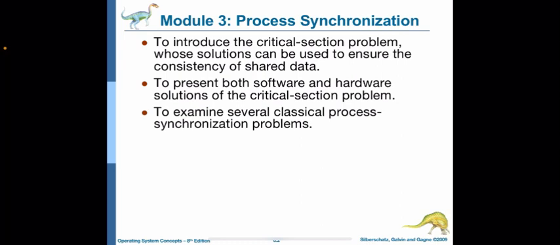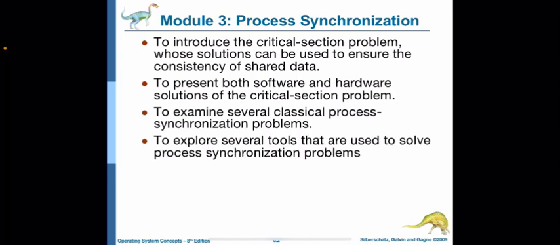So any issues faced by these types of system environments can be easily depicted using this producer consumer problem. And we can test solutions on it. If a solution solves the issues in a producer consumer problem, we can easily apply it to the system also. Right? So we will see different classical synchronization problems. Then we will see different tools that can be used to solve these process synchronization problems.